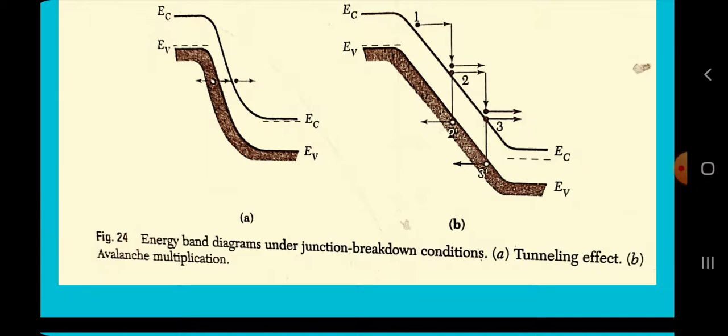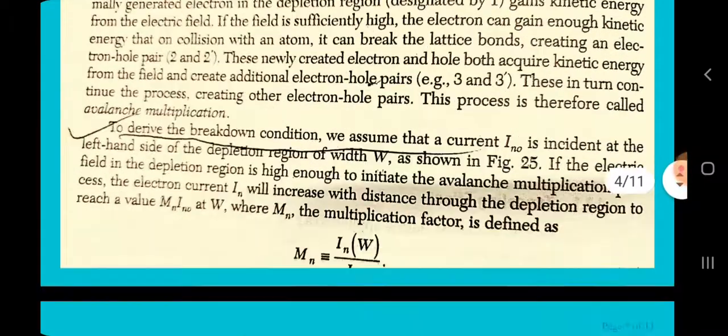To derive the breakdown condition, we assume that a current I is incident on the left-hand side of the depletion region of width W, as shown in this figure.